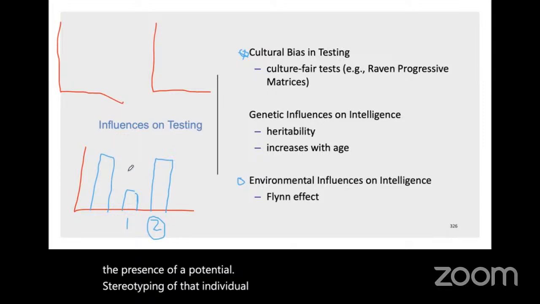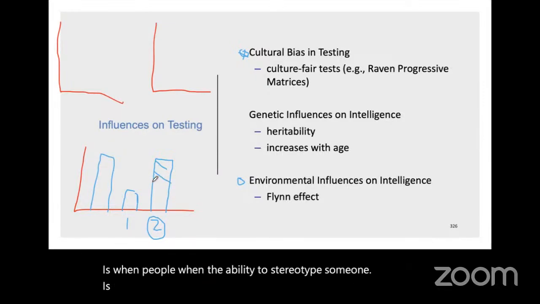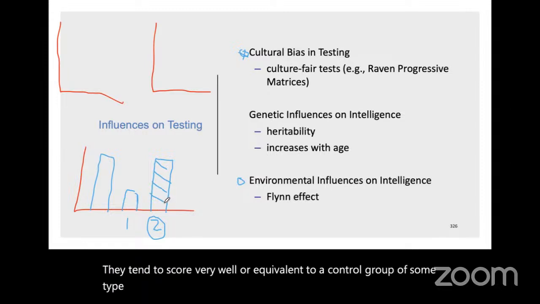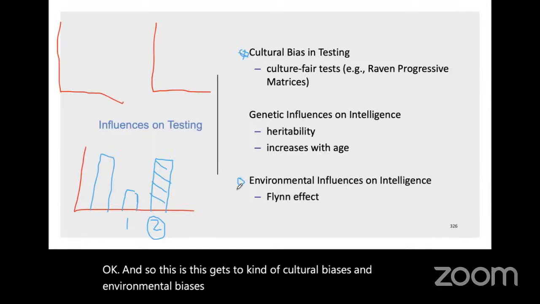And what we find is when the ability to stereotype someone is taken away, they tend to score very well, or equivalent to a control group of some type, okay? And so this gets to cultural biases and environmental biases as far as that's concerned.